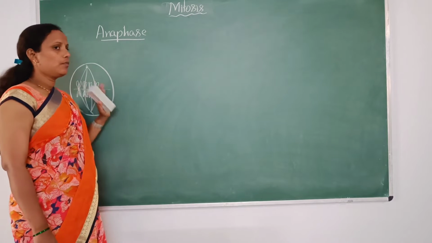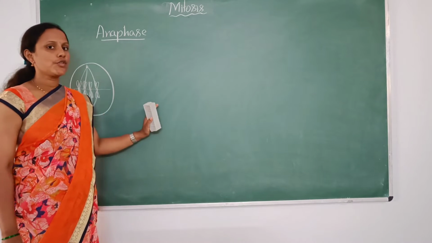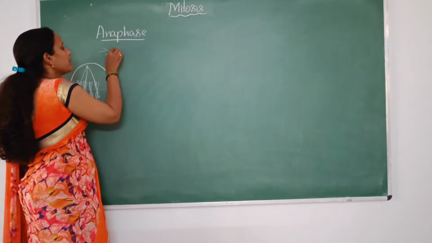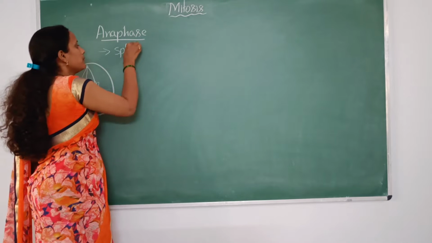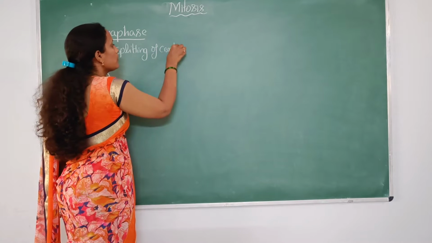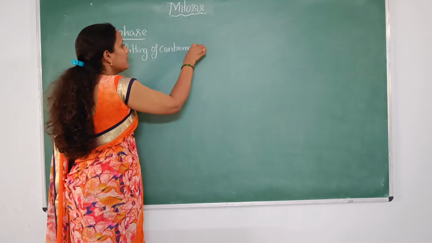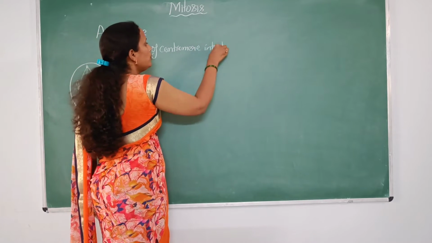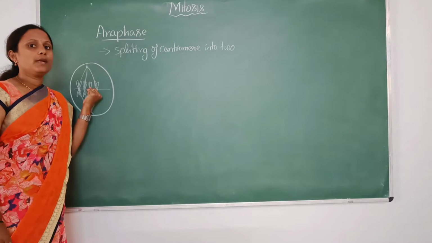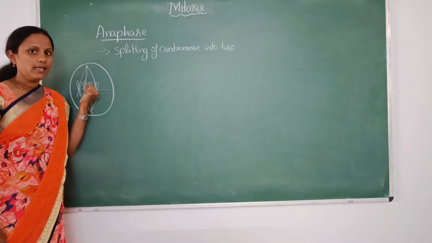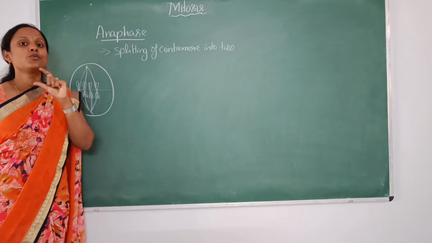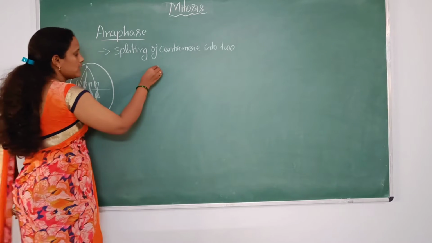Once the cell enters into anaphase, it is marked by the splitting of centromere into two. That means each chromosome consists of a centromere, and each of the centromeres splits into two like this.